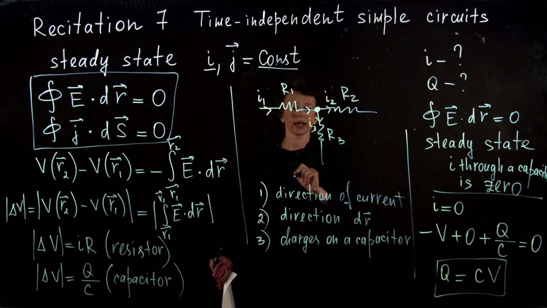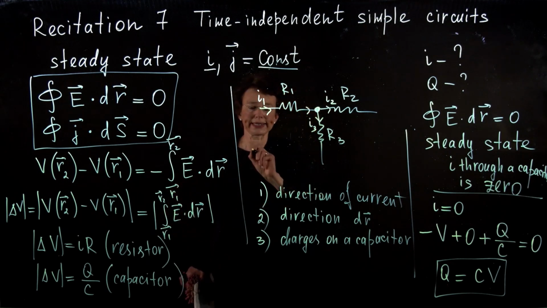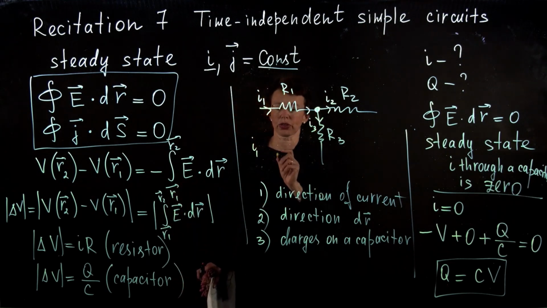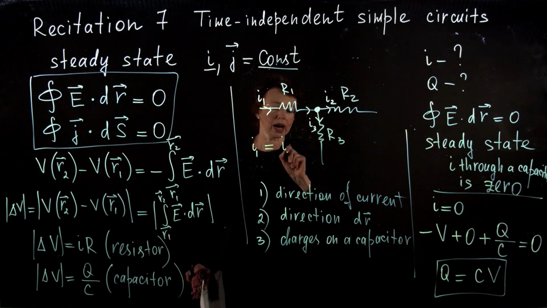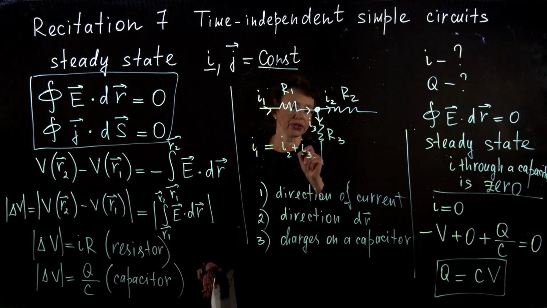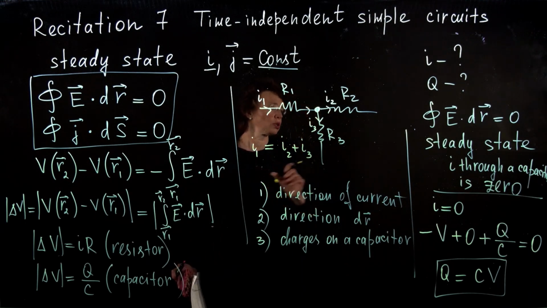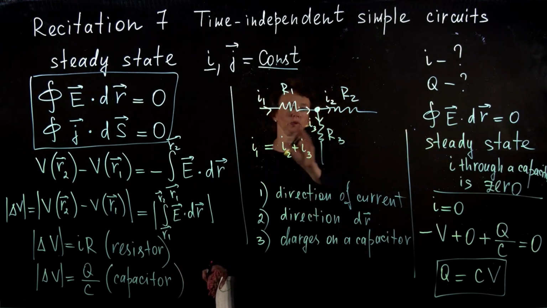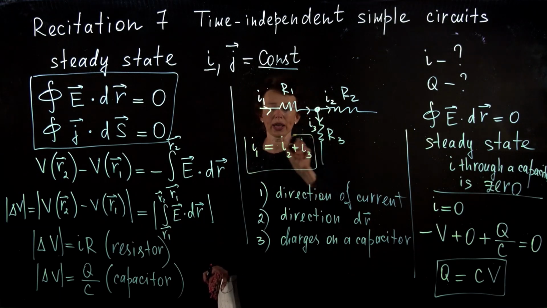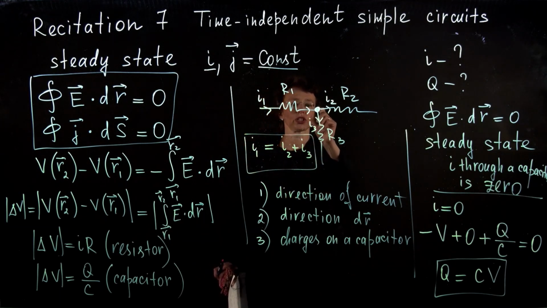I have currents coming out, which means that current I1 that is flowing into the junction is equal to the sum of I2 and I3 that are flowing out of this junction. Continuity equation. So in addition to E dot dr, when we do our loops, we will have one more equation, continuity equation for the junction.